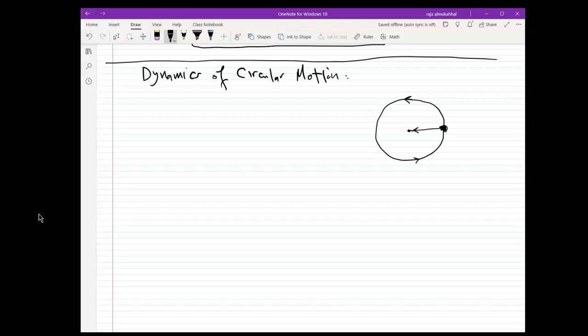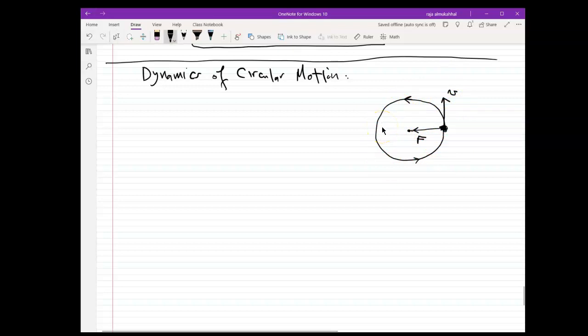And as a result, the stone would move in a circular way, where this is the tangential velocity v. So you're pulling on it with the force F here. We call it the centripetal force because, just like the centripetal acceleration, it's toward the center. As a result, the stone would move in a circular path like that. And this is the tangential velocity.